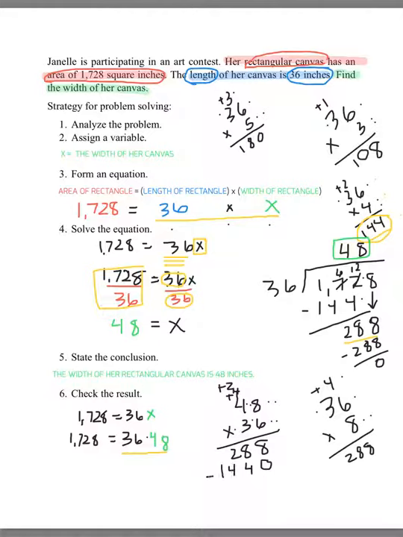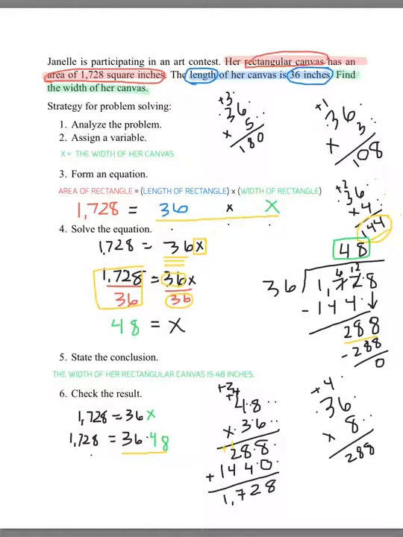So now we want to add these two together. 8 plus 0 gives us 8. 8 plus 4 gives us 12. We bring down the 2. We make a note to add a 1. So now we're going to have 2 plus 4, which is 6, plus additional 1 makes it 7. And we bring down the 1, and we end up with 1,728.